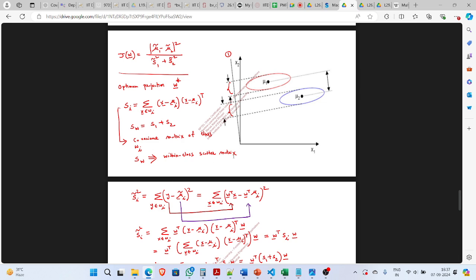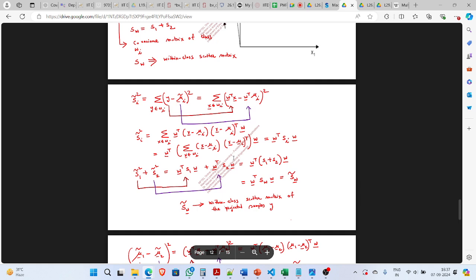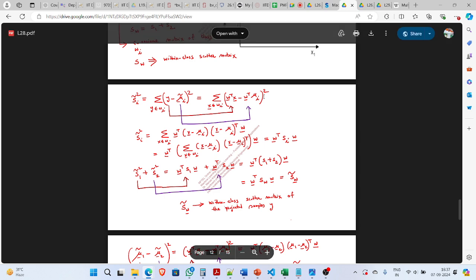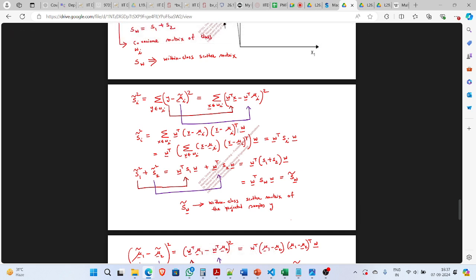You have to understand this one first. What they have done is taken this w transpose square. The transpose square in multi-dimension can be represented as the quantity multiplied by the transpose of the quantity.